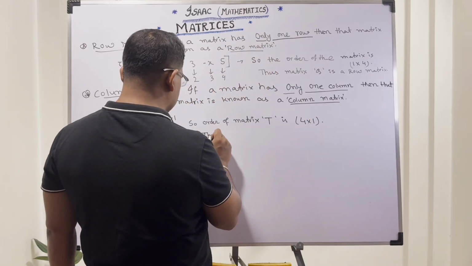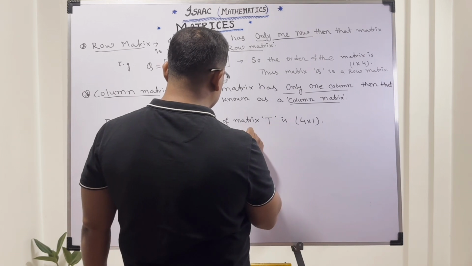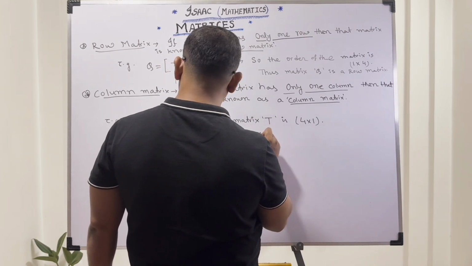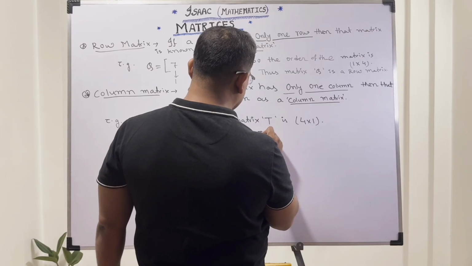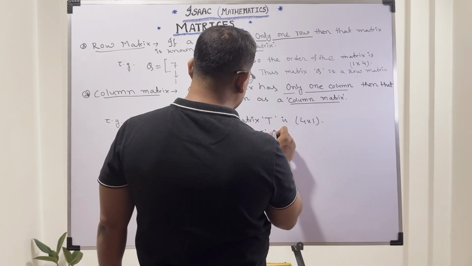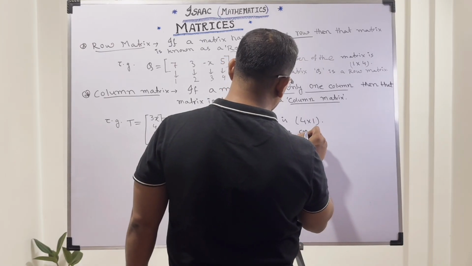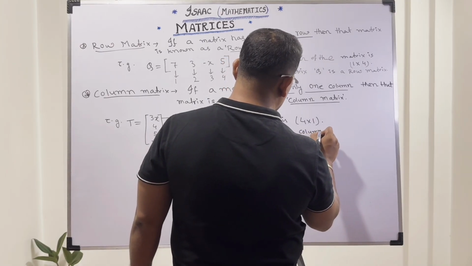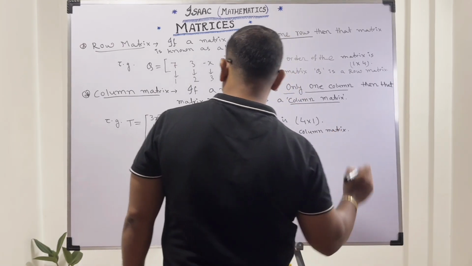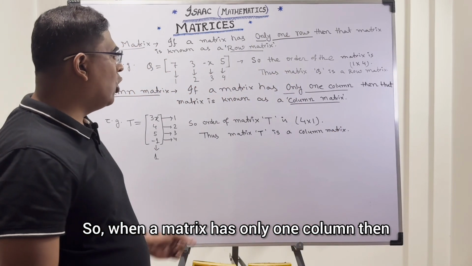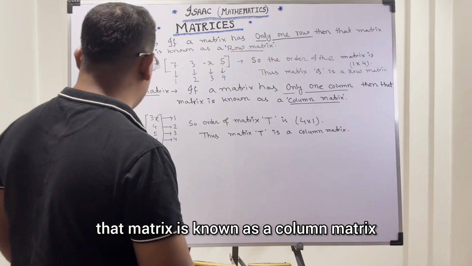Thus, matrix T is a column matrix. Okay, so when a matrix has only one column, then that matrix is known as a column matrix.